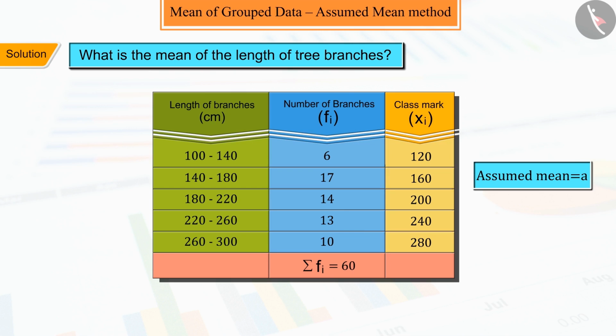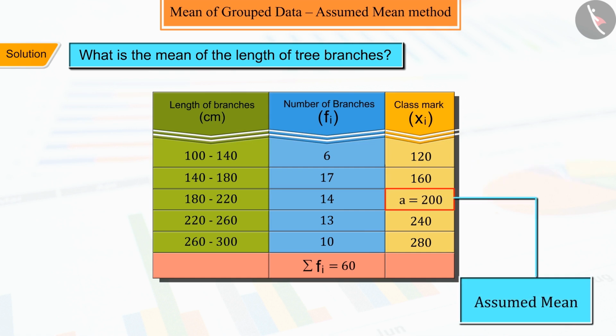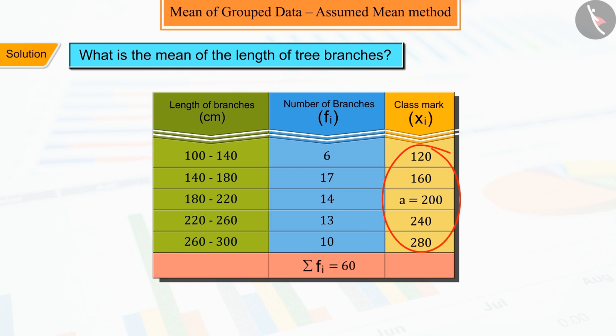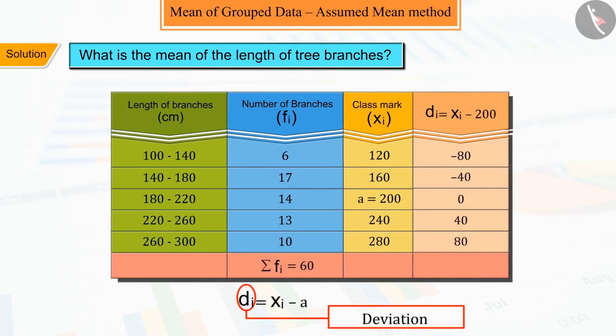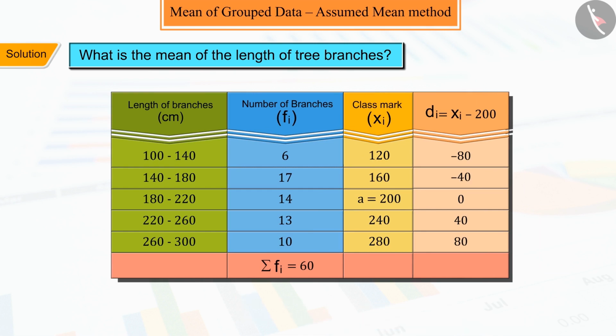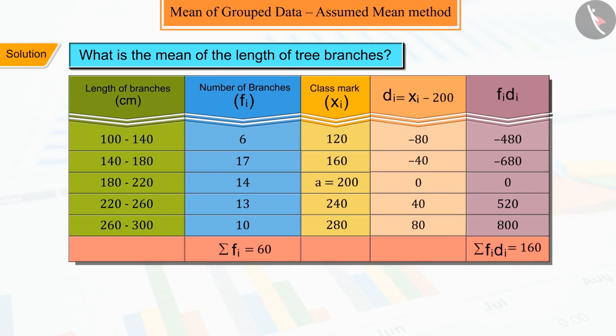Hence, from the table, we choose a equals 200, where we find the difference di between a and each xi, and find the deviation of xi from a, where we multiply each di by its corresponding frequency fi, which gives the product fi di, the sum of whose products are represented in the table below.